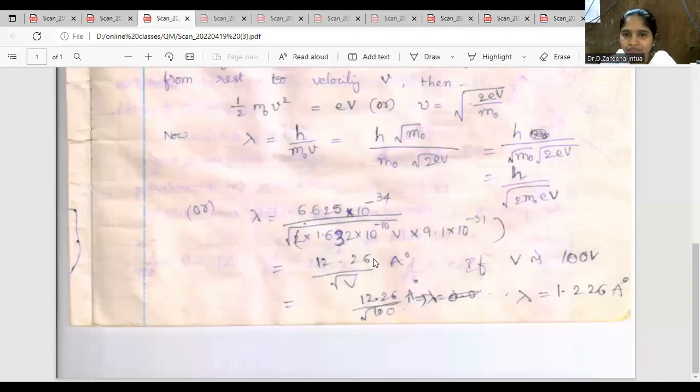Then we get 12.26 by square root of V angstroms.